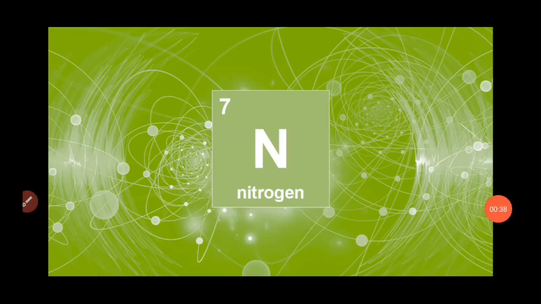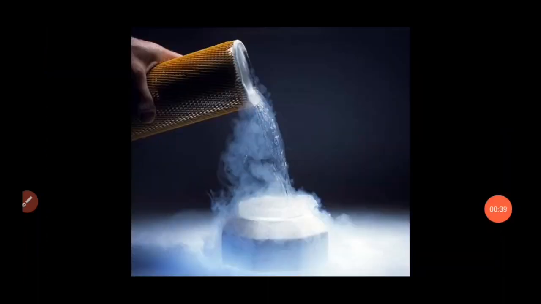It is an essential element present in proteins and nucleic acids, which are the building blocks of all living things. Nitrogen was first isolated from the air by Daniel Rutherford in the year 1772.